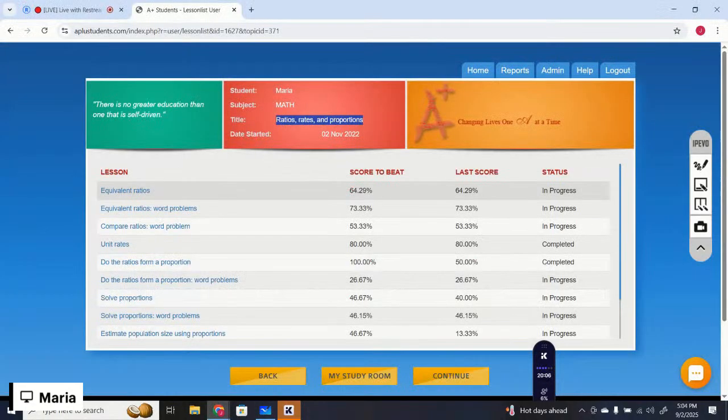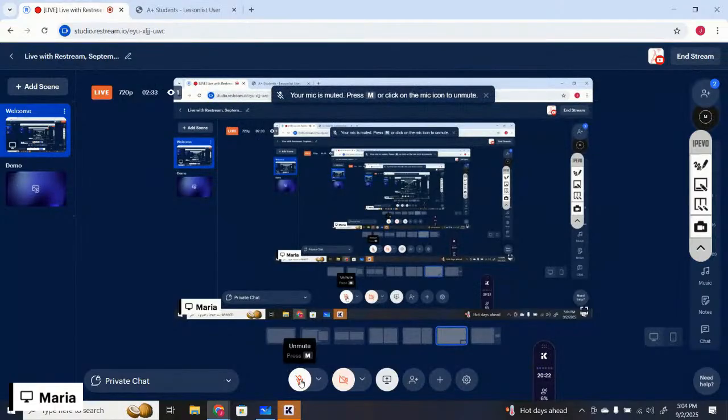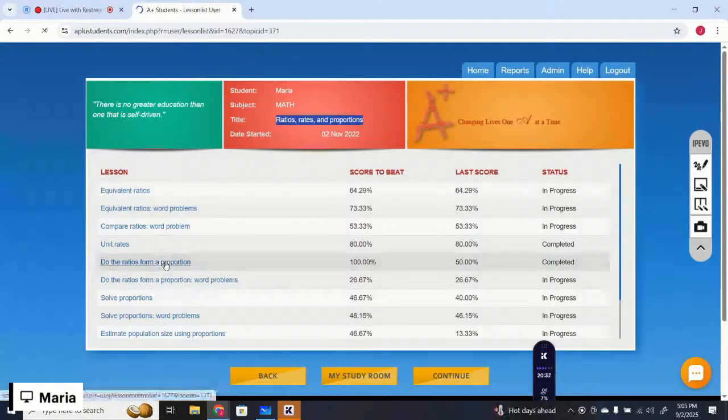Okay, here I'm on grade 8 math. Start with the lesson: do the ratios form a proportion.